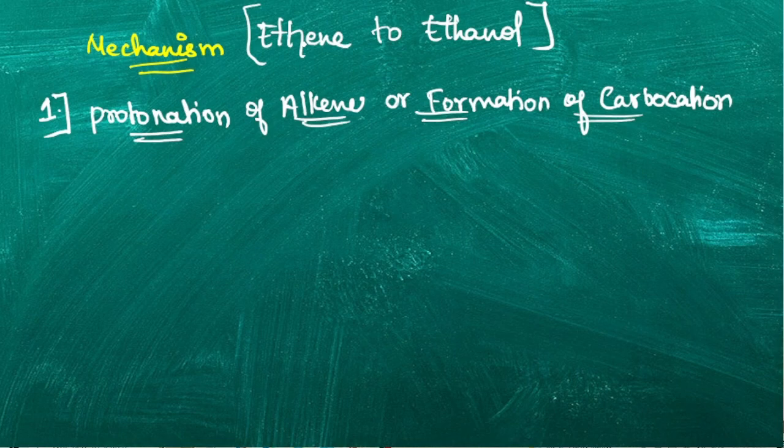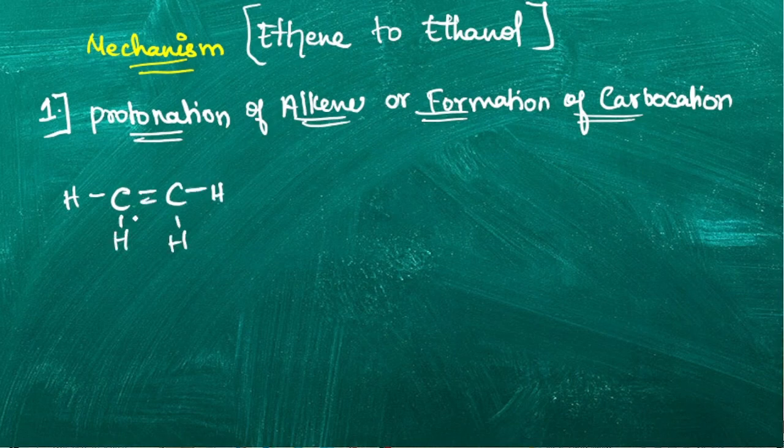For that only we are writing the mechanism, for the conversion of ethene to ethanol. First we are taking ethene, CH2 double bond CH2. I will write the expanded structure so that you can understand easily how this process is happening. So CH2, one H, another H, double bond CH2.